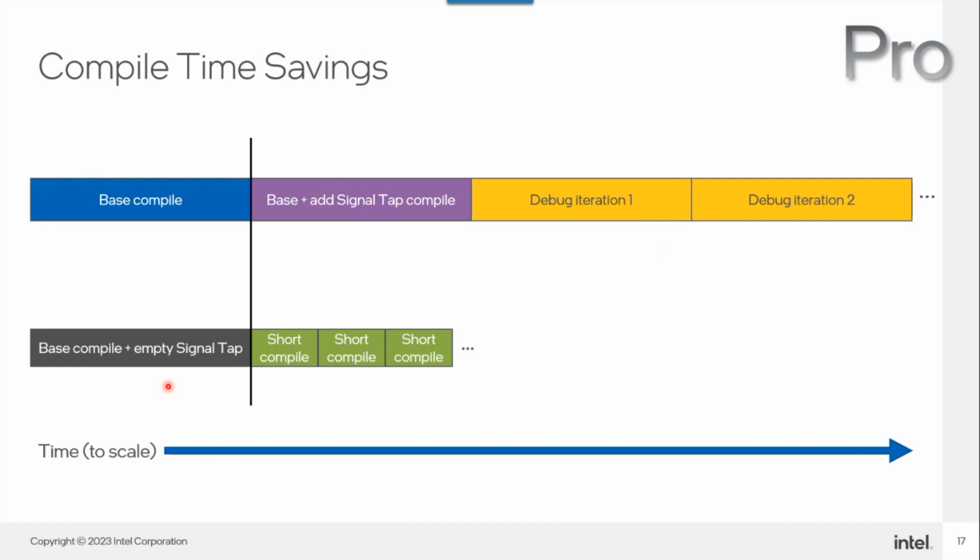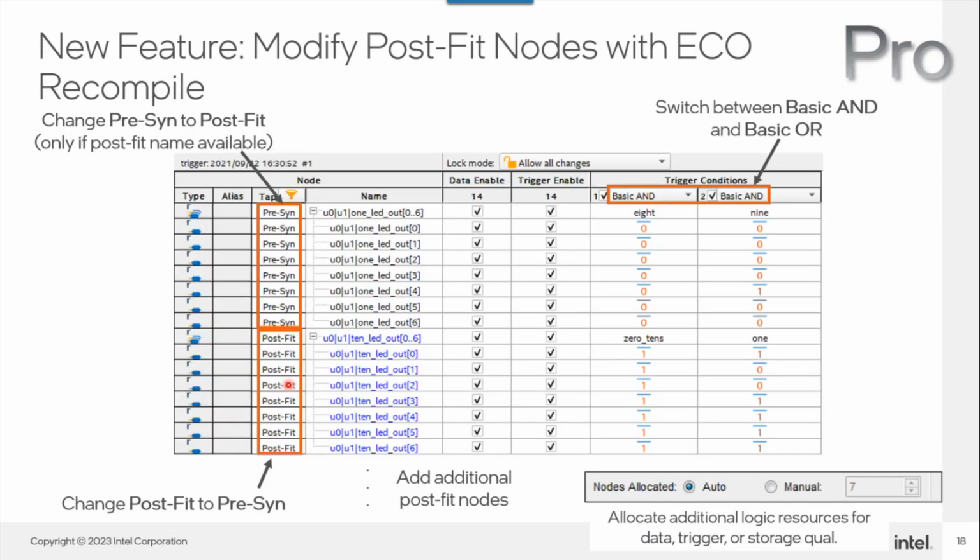Maybe you specify the sampling clock you'll use, because you have to specify the sampling clock, but it could just have no nodes in it. It could just be empty. And then later on, after you've compiled and found an issue, you add the signals that you want to analyze in the node list here, and then perform an ECO recompile. So that's what I mean by an empty Signal Tap.